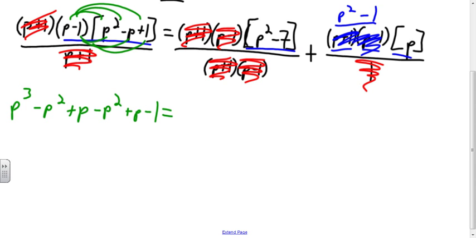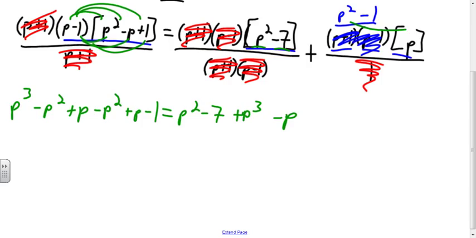The right side, we still have this p squared minus 7. And over here, if we distribute the p to each of these, we'd have plus p cubed and minus p. So now this is our equation. It's starting to get a little more clean. Now we just combine some like terms.